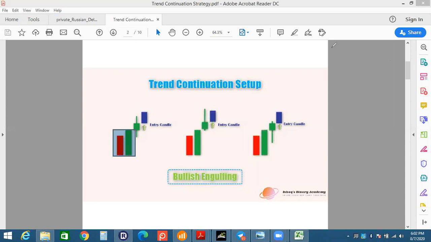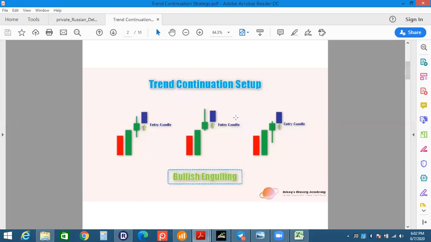Sir, if a candle, like an inverted pin bar, is breaking the wick, is it necessary to see whether the volume is high or low? For the inverted hammers, if it's breaking the red or green candle wick, should the volume be high or low? You can consider two concepts here. One, the breakout.